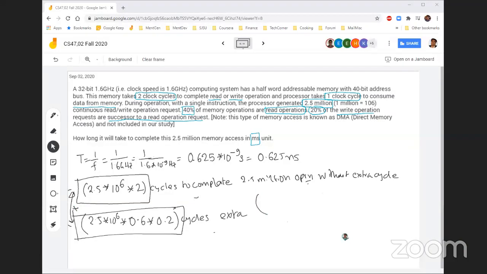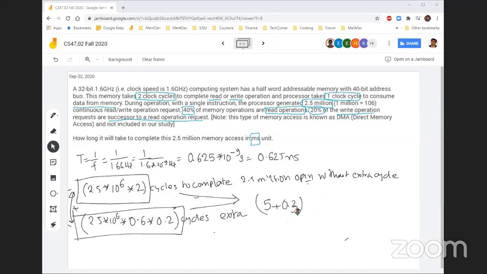2.5 multiplied by 2 is 5. And the other quantity, 2.5 multiplied by 0.6 multiplied by 0.2, is 0.3.